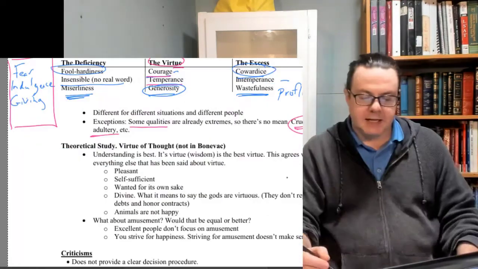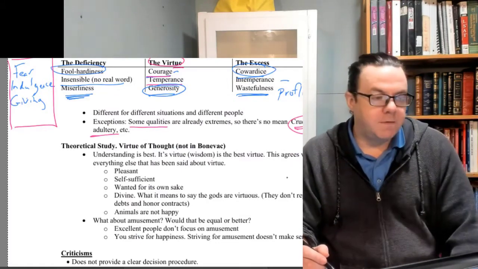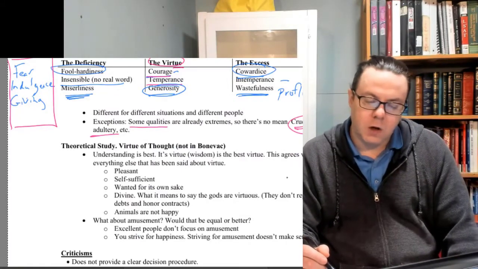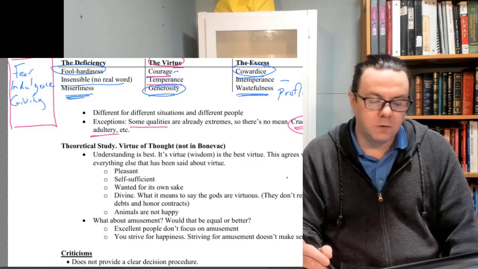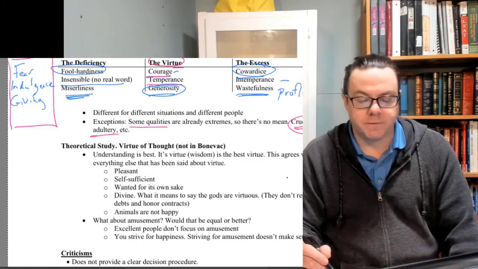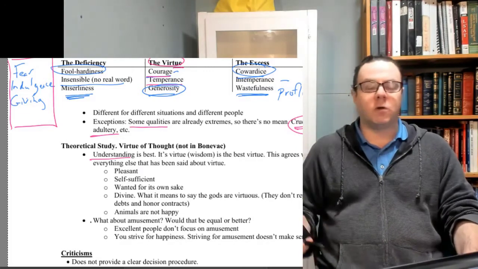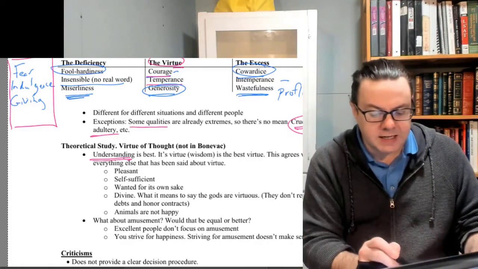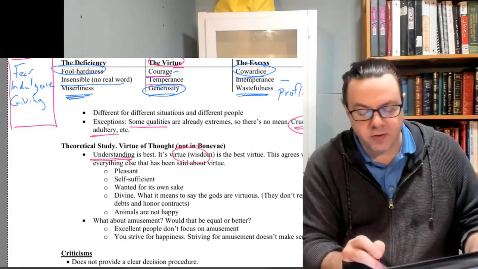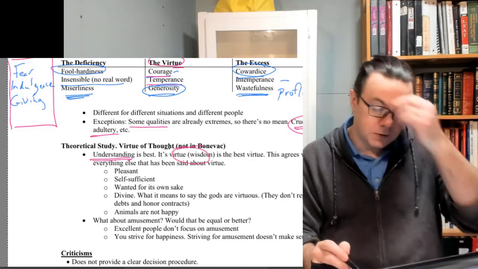Now the last few paragraphs of Book 2 are devoted to virtues of thought, or intellectual virtues. There he says that the goal of intellectual virtues is understanding, and wisdom is the virtue that corresponds to understanding.